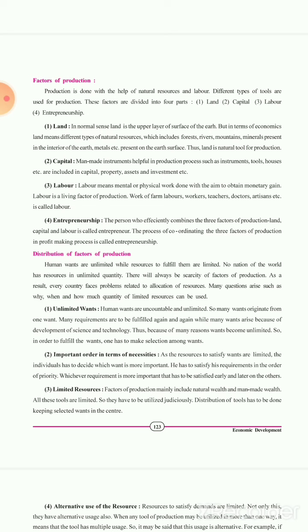An entrepreneur has to always face a risk, but without bothering, he takes a risk and tries to produce something by mixing all the three factors, land, labor, and capital. And so these are the four factors which are helpful in production process.